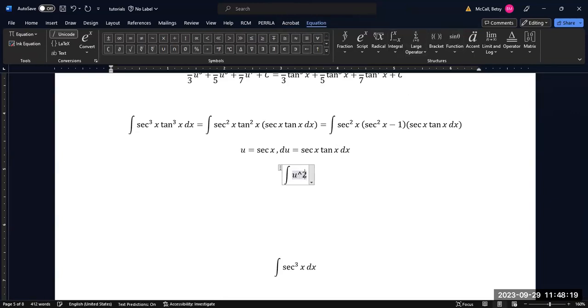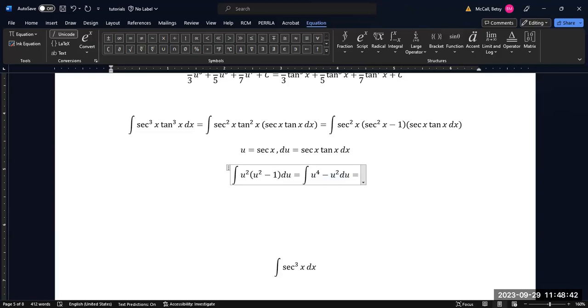And when I do that substitution in my integral, I'm going to get u squared minus 1, and then du. And then we have to distribute, of course. u to the 4th minus u squared.